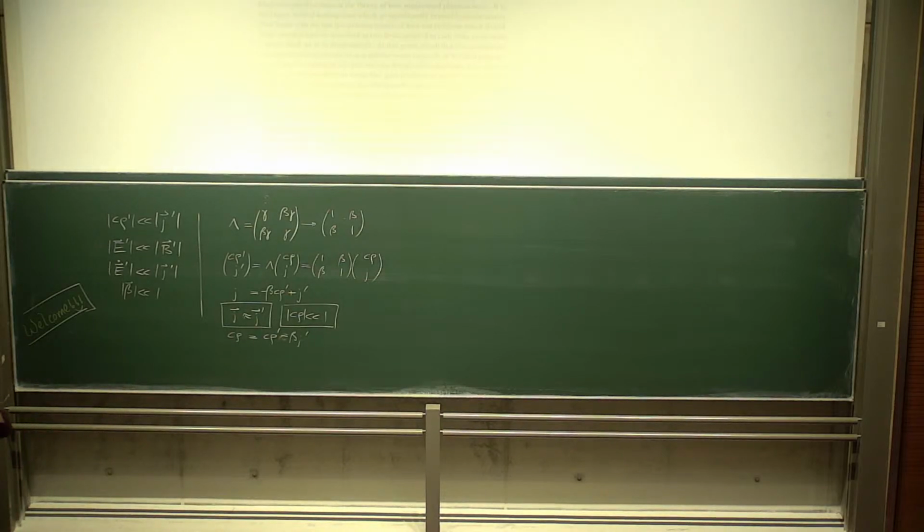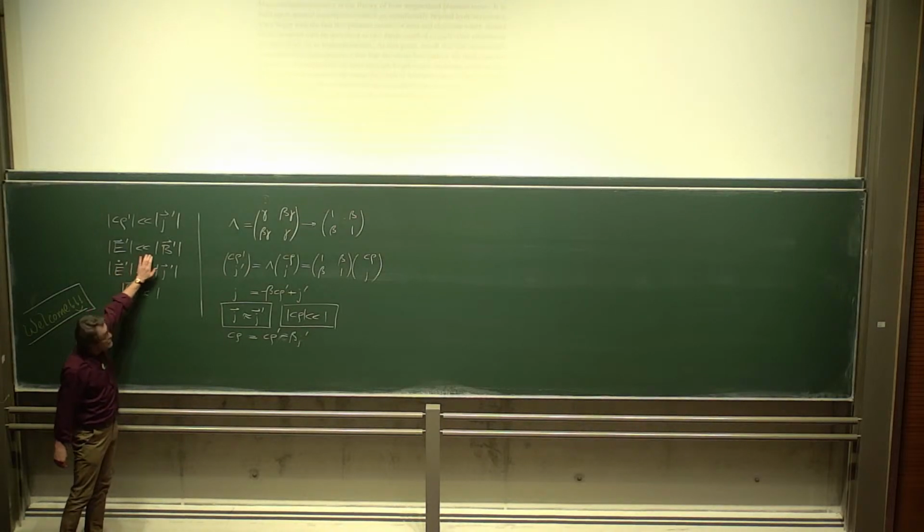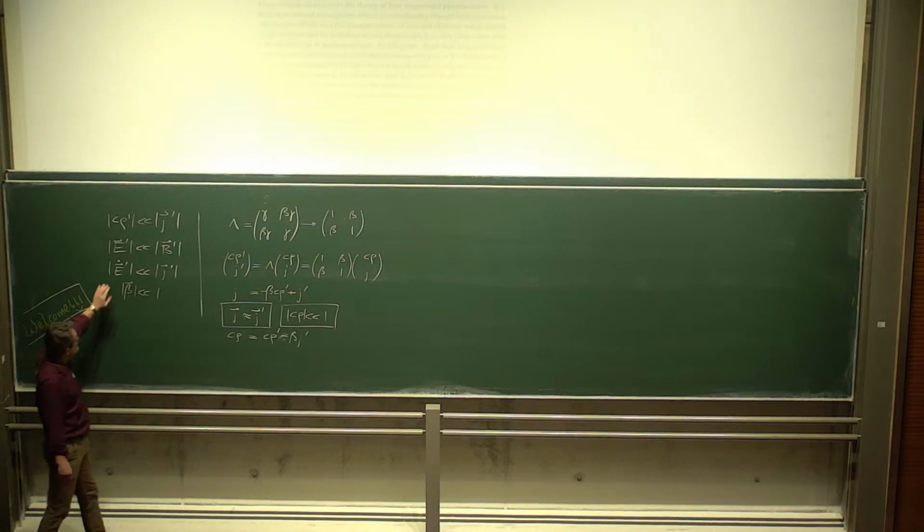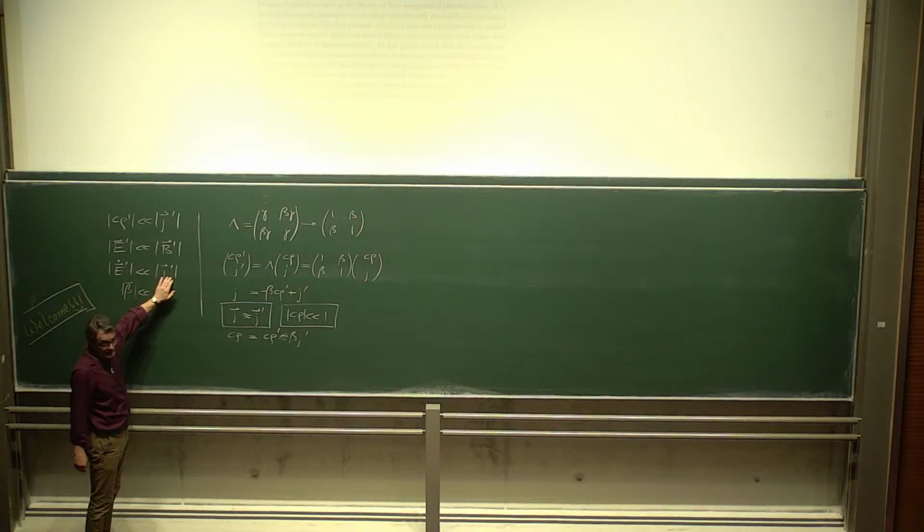Okay, but if C rho in the laboratory frame is also small, then the source for any electric field in the laboratory frame is also very small. So then we are going to assume in the laboratory frame as well that the electric field is going to be much smaller than the magnetic field. So we are going to carry our second assumption also into the laboratory frame, and likewise with our third assumption here. Right?